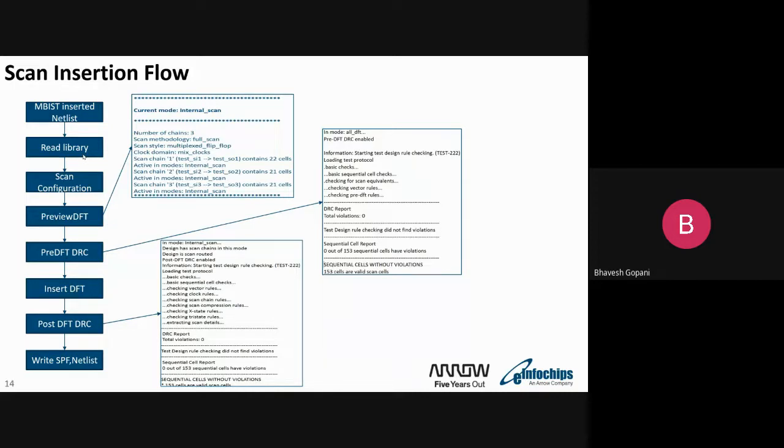Sometimes it has timing related information too, because the same library we are using for the simulations as well. If we are performing gate level simulation for different corners, then based on that info, it will interpret that this cell has these specifications. So the standard cell specifications are there.